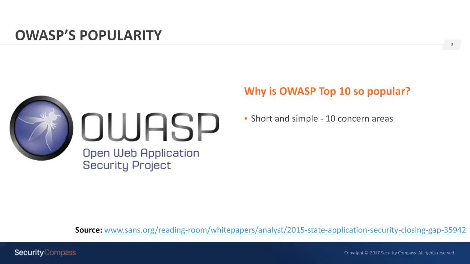So if you think of a web developer or a web development team, it gives them something really short that they can focus on, versus expecting them to meet 50 or 75 or 100 different requirements, or the various security vulnerabilities. Expecting them to guard against each one of them may not be very intuitive, right? So the shortness and simplicity made it very popular.